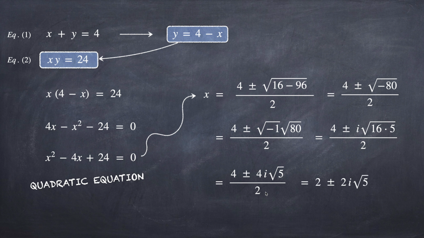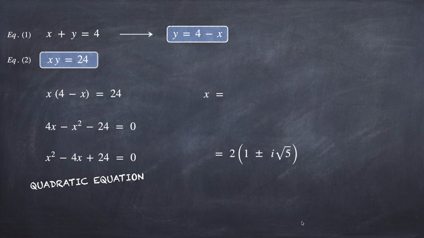Okay, now we can simplify that and write 2 plus or minus 2 times i times the square root of 5. And you can factorize 2, which multiplies 1 plus or minus i square root of 5. So these are the two possible values for x.